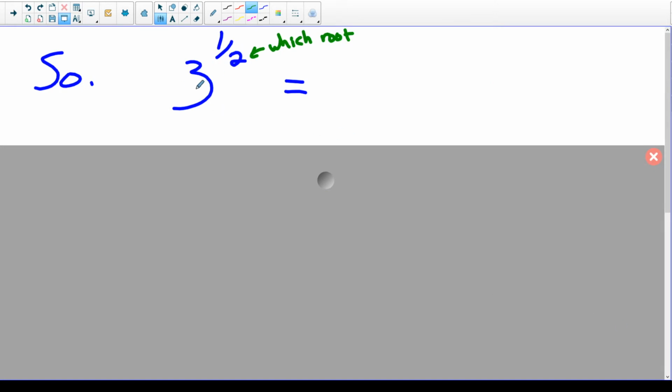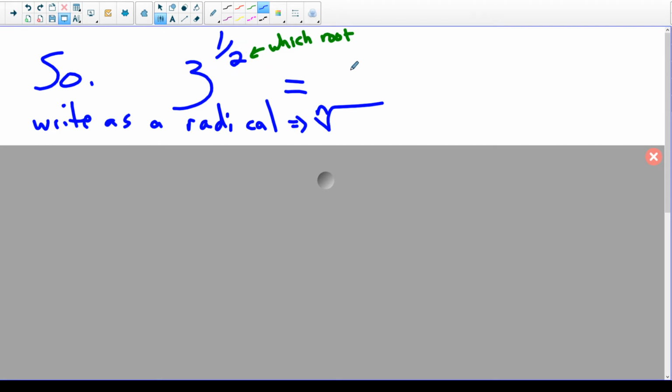So if I ask you to do 3 to the 1/2, I could ask you to write this in radical form. So write as a radical. The word radical means root. So if I ask you to write 3 to the 1/2 as a radical, you'd look at the denominator of the fraction, and that is the type of root.